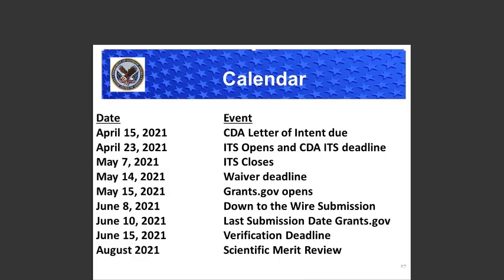So the ITS for CDA is the same schedule. It's the same window as all of the other application types. Even if the LOI for CDAs has a similar date, they're two different activities. So the ITS date is the same as what we've posted here.